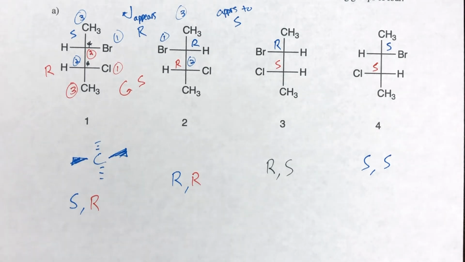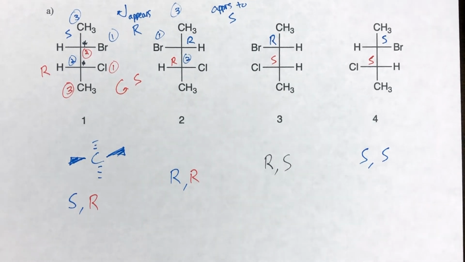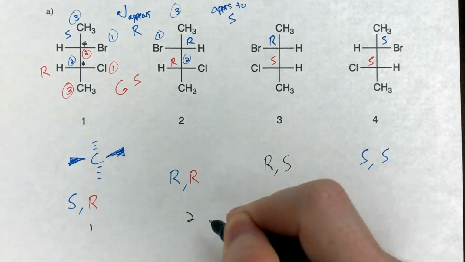Okay, so now, using our definitions of enantiomers and diastereomers, diastereomers are when you have 2 or more chiral centers and one of them is opposite, but not all of them. Because if all of them are opposite, it is an enantiomer. So what we should do here then is look at what we have. So this is 1, 2, 3, and 4.